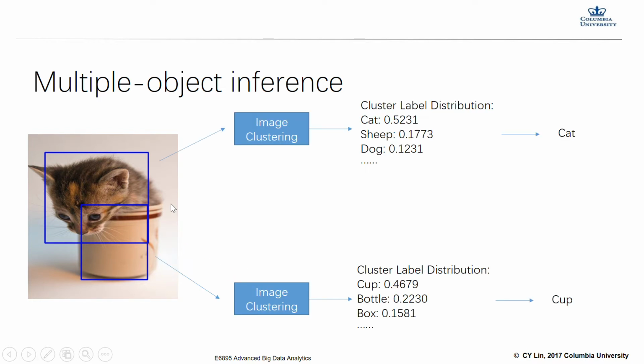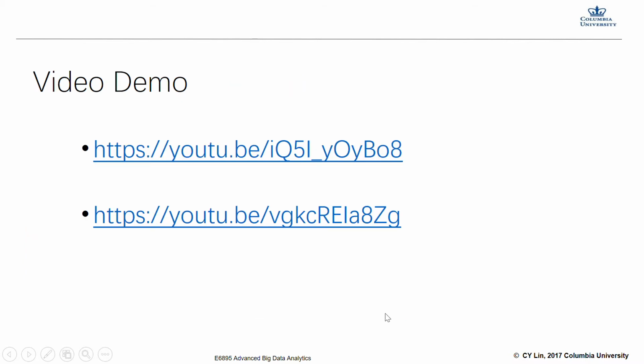And we do the multi-object inference: we first have the bounding boxes of these two, and this image will be clustered and have such a label cluster distribution, like the cat is 0.5, the sheep is 0.1, and obviously we can predict it is the cat here. You can see some of the results in our video demo on YouTube, and we provide the link here.